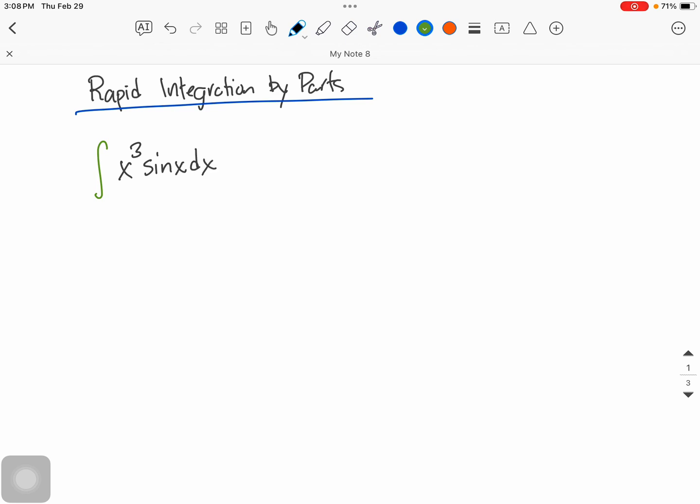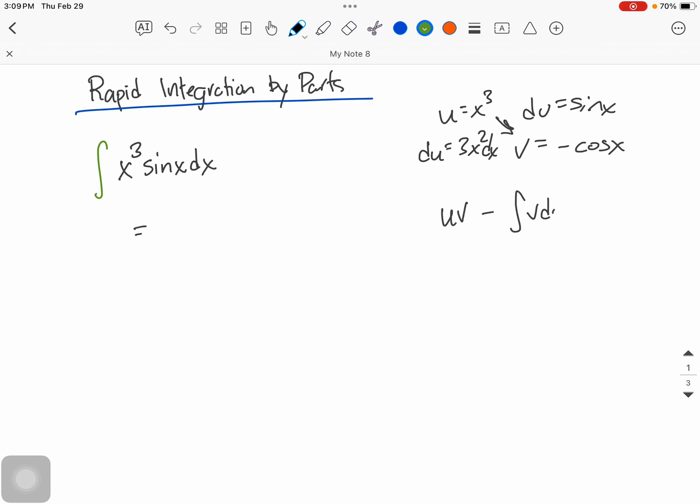And what I mean by that is if you just do your classic u, dv, du, and v, and you set x cubed, 3x squared, you've got sine x, you've got negative cosine x, and you bust out your formula, which is uv minus the integral of v du, you would get negative x cubed cosine x, right?